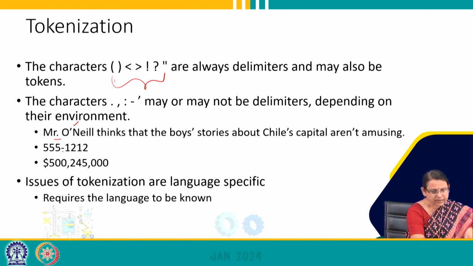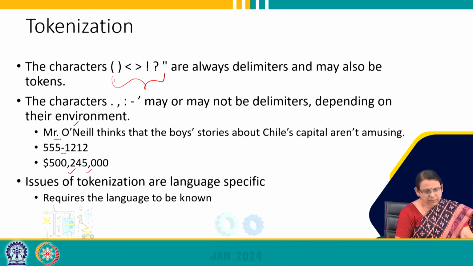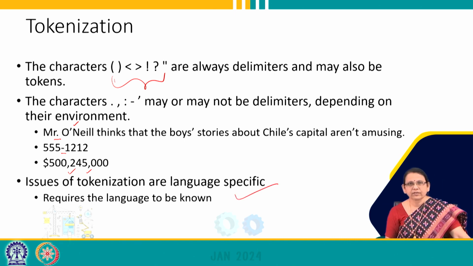Here, for example, a dash, it is not, here a comma, and so on. So, many times while tokenizing, you have to take care of these special situations, and tokenization is also language specific, so language specific rules need to be understood.